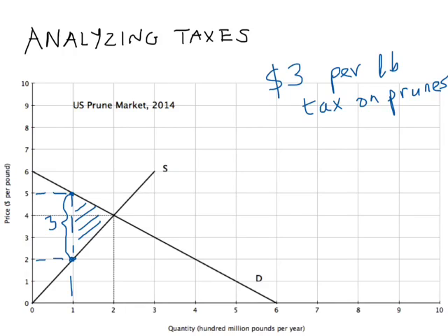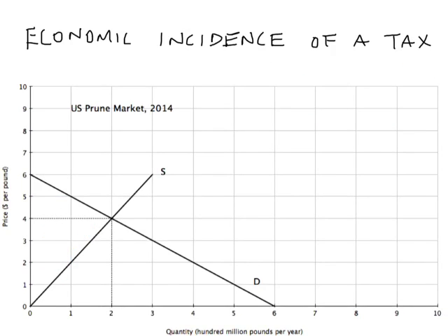All right, well, now let's move on to the economic incidence of this tax. So the economic incidence of this tax, notice that we have this tax, buyers pay $5, which is $3 higher than what sellers receive, $2, and that's the economic impact of the tax.